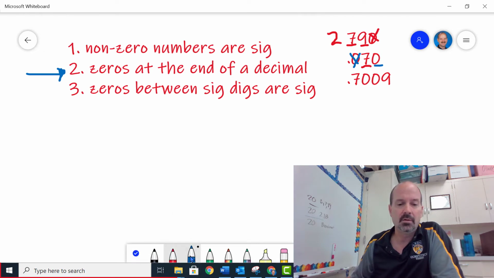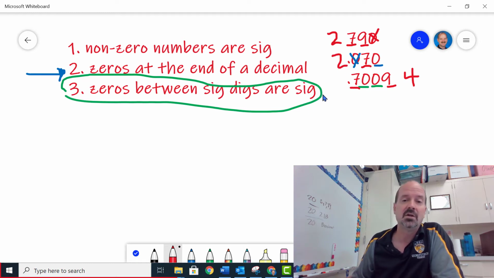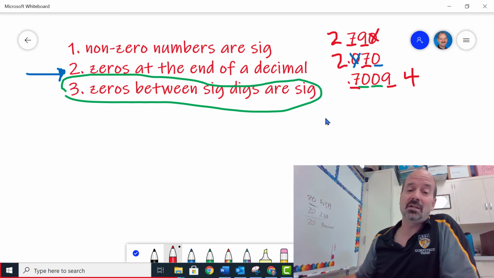Let me color it green. So this is the green rule here. And so zeros in between would be this 0 and this 0. That's rule number 3. But also, by rule number 1, we still have the 7 and the 9. So this one actually has 4 significant digits. And I think I forgot to say the second one had 2 significant digits. So that's just rules about significant digits.